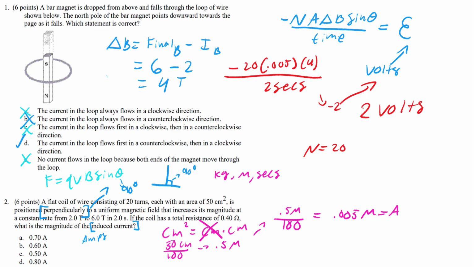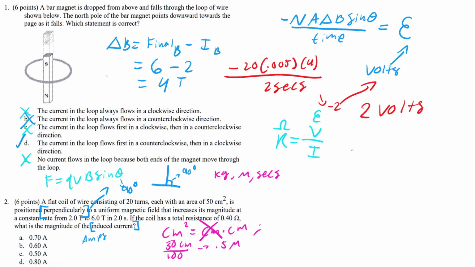Well, let's see here. They gave me the resistor and they gave me the voltage. So using Ohm's law, the resistance, ohms, is equal to the voltage, or it could be EMF, divided by the I, the current.